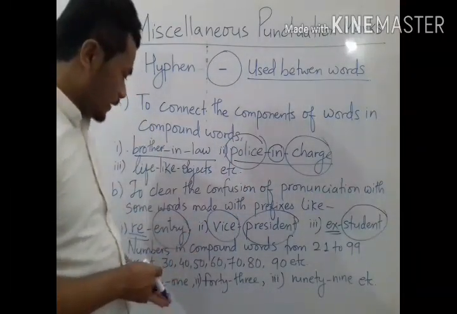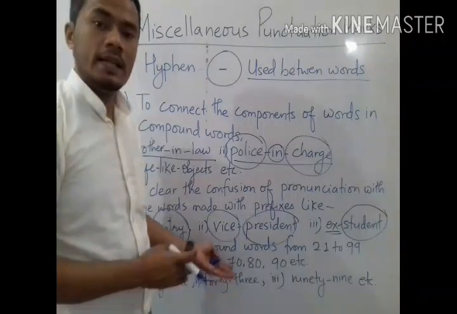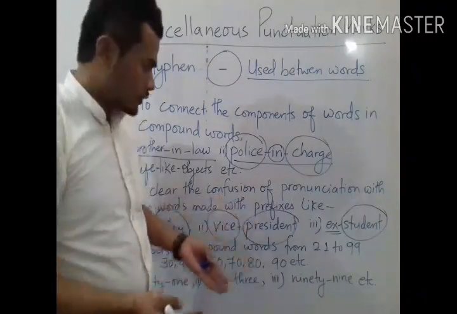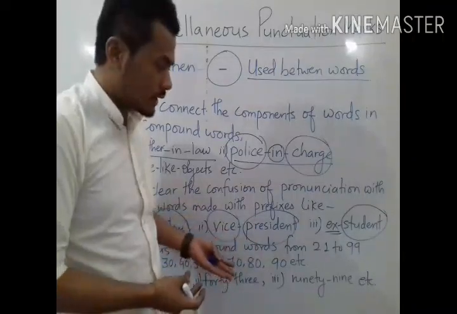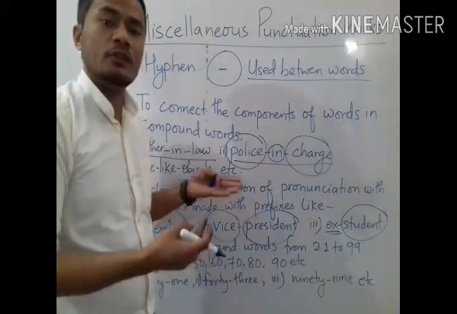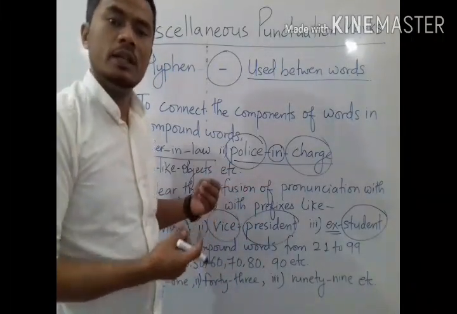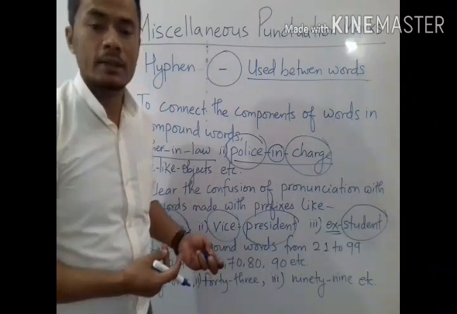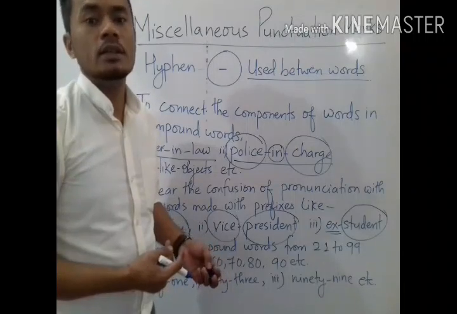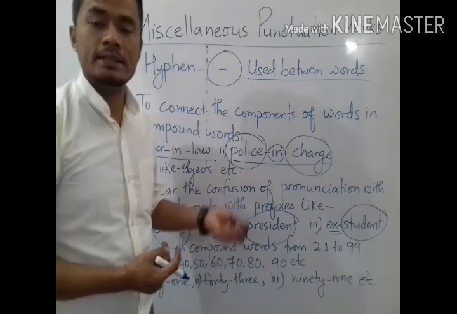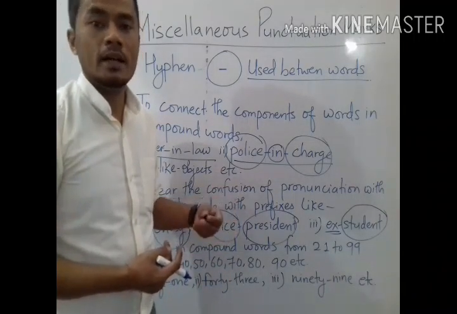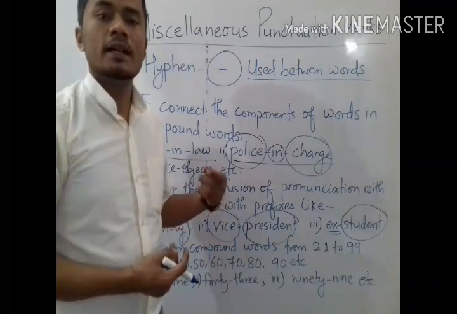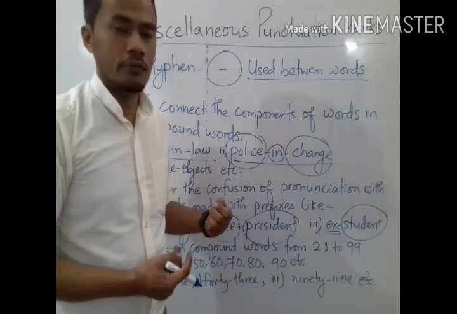In the same way thirty-one, forty-two, forty-three, ninety-nine. Whenever two words together make the name of one number, they are compound numbers and are written with a hyphen.